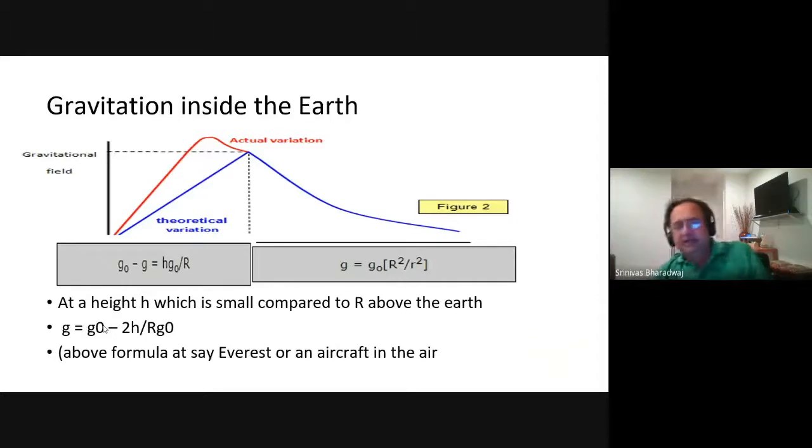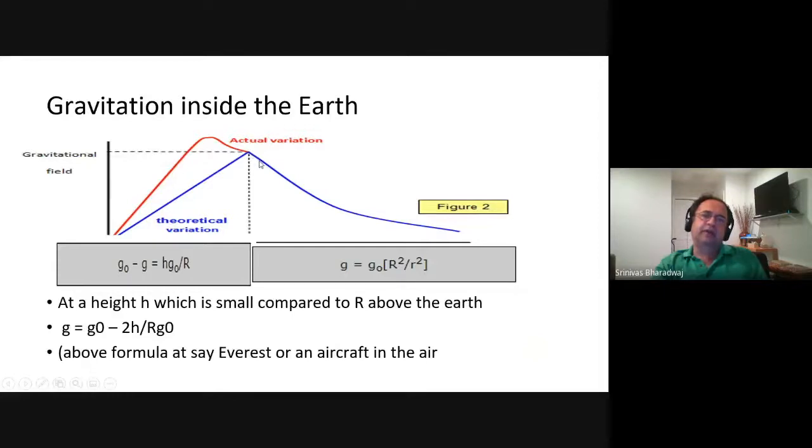But let's say the height is not that big compared to the radius of the Earth, but it's a little bit big, so it's not the same as the surface of the Earth. Maybe it's like Mount Everest, or an aircraft in the air. In such situations, this can be approximated as a straight line, right?